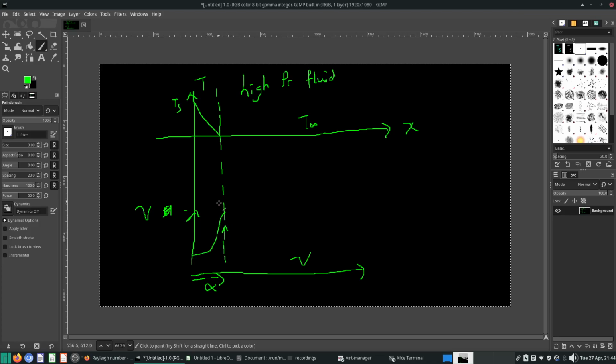And because momentum diffuses so well in the fluid, and the fluid's viscous, the upflow here will actually carry some of the fluid outside the thermal boundary layer.